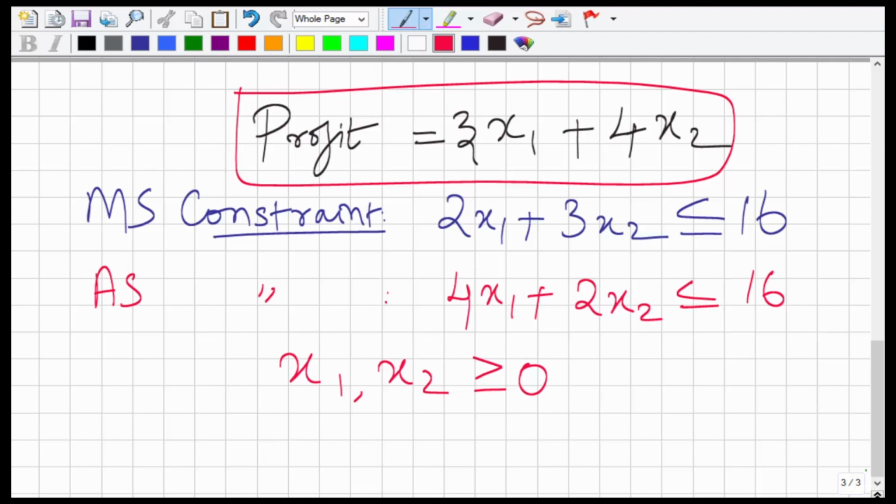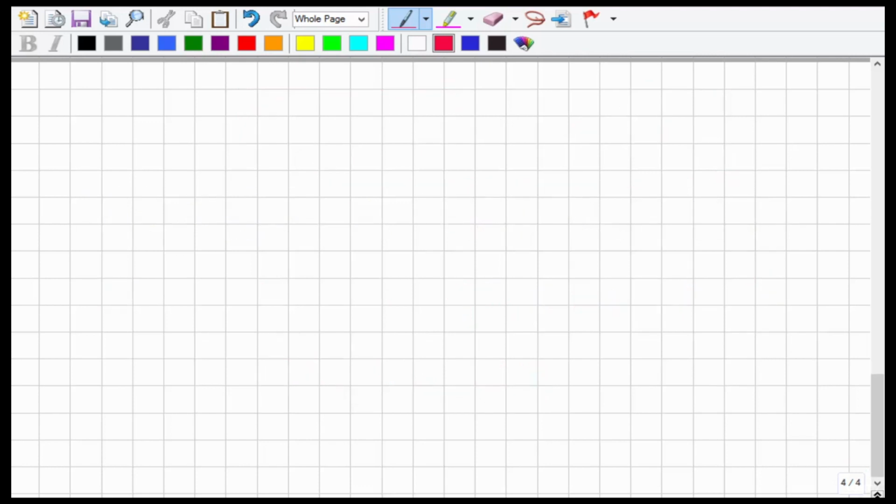So we can summarize this and present it in the form of LPP inequalities. We have profit, that is, maximize Z, where Z denotes profit, and that is equal to 3x1 plus 4x2, subject to constraints.